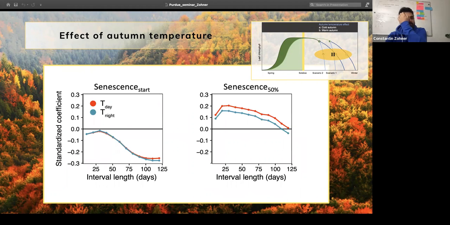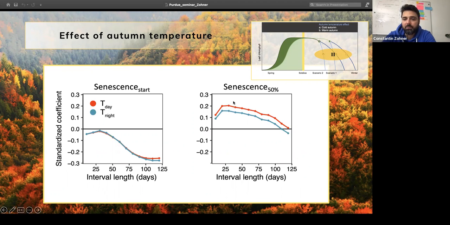Right. And we can also look at different times of the year, or different pre-seasons, basically, because we know that autumn temperature is going to play a role only shortly before senescence is actually happening. So we can look at different intervals.